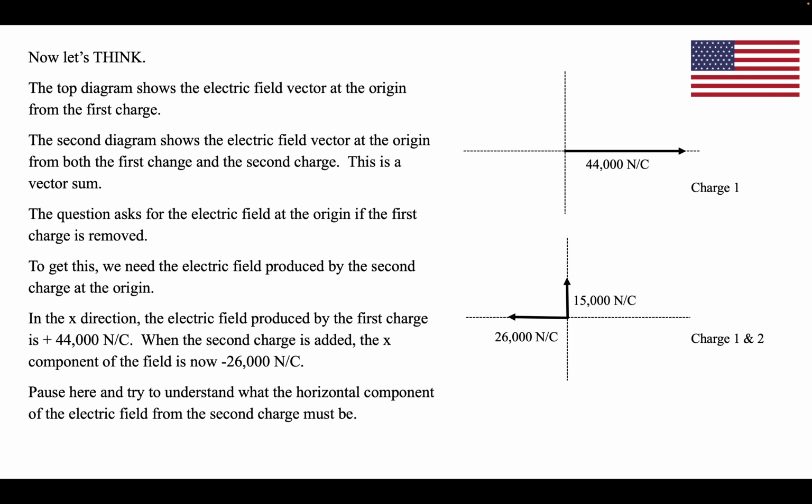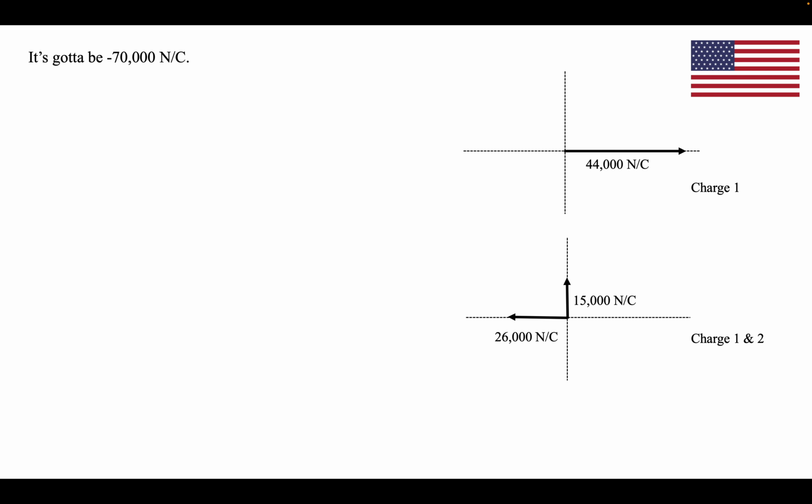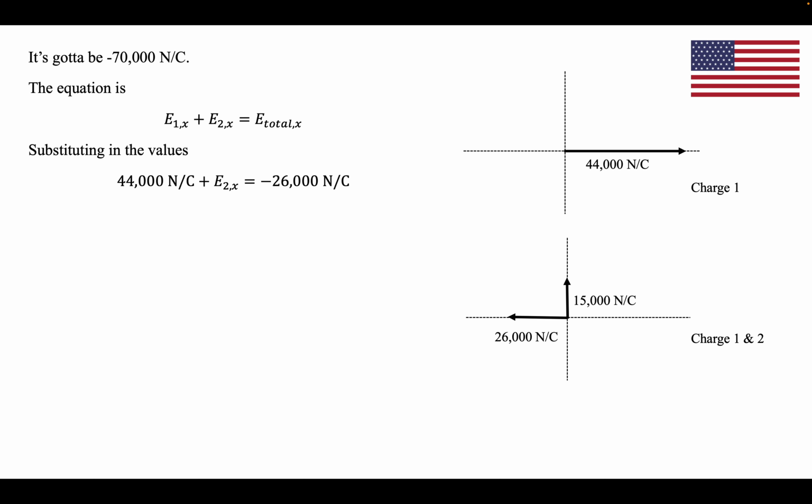What must it be? It's got to be minus 70,000. So if you want to use an equation, E1x plus E2x is E total x. And we know E total and we know E1. So E2x must be minus 70,000.